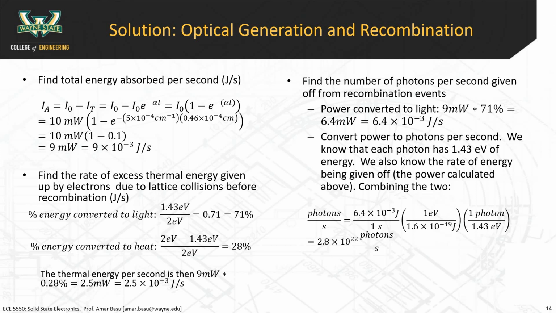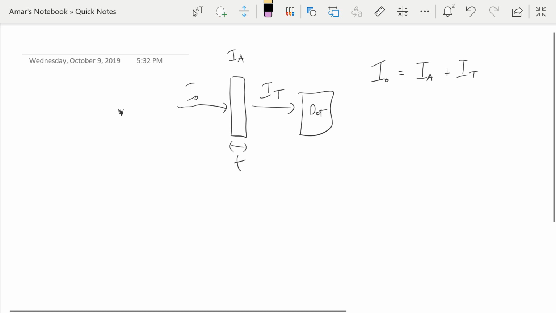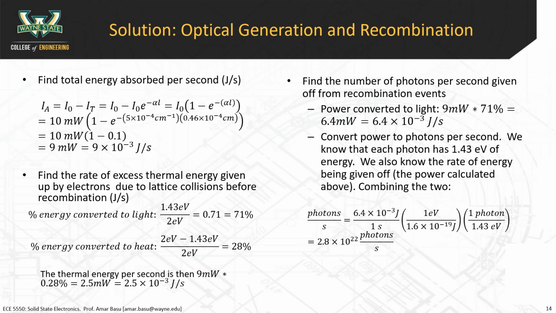So it's now asking you to find the total energy absorbed per second, joules per second. So we will use this equation, I0 is equal to IA plus IT, rearranged into this form: IA is equal to I0 minus IT.